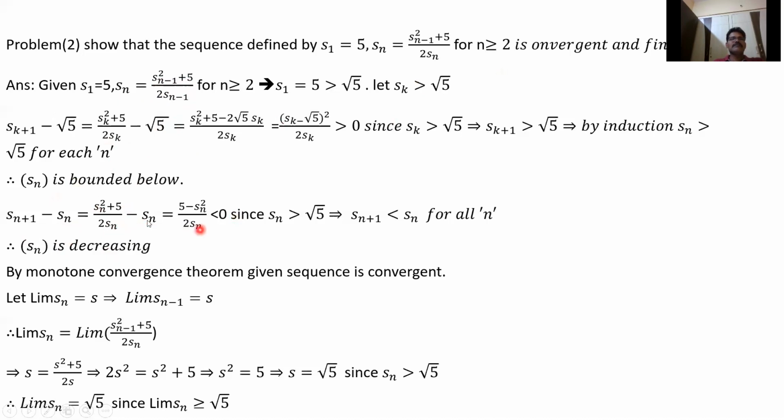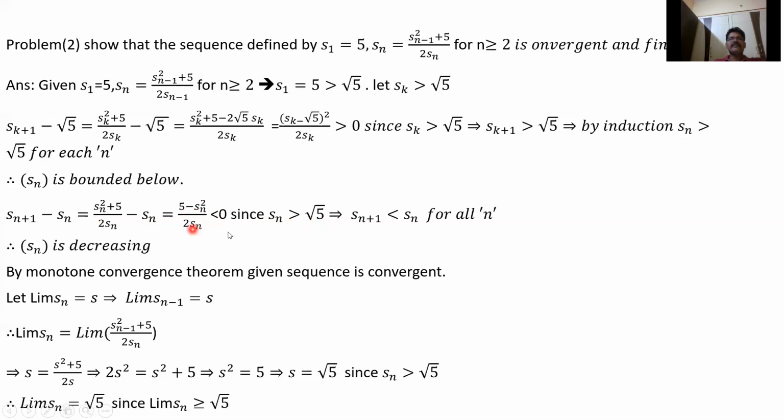The LCM is 2 Sn, so we get Sn square plus 5 minus 2 Sn square, that is (5 minus Sn square) by 2 Sn. Here the denominator is positive because Sn is greater than root 5, so Sn is positive. Since Sn square is greater than 5, 5 minus Sn square is less than 0.